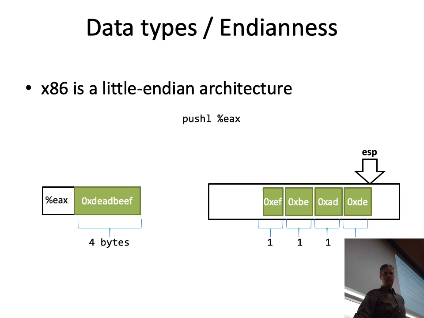So if we're writing out DEADBEEF, we write out EF, then BE, then AD, then DE. This is important when you're looking at a stack. If you look at the individual bytes, you will see one value; if you look at it as a 32-bit value, you'll see something fairly different because the order is swapped. This matters when you start looking at memory in a debugger, which we'll be doing shortly.